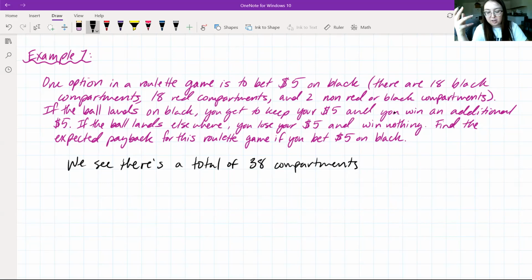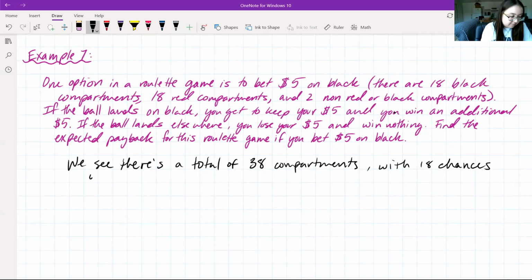So you add those all together, you get 38. So we have 38 total compartments with 18 chances to land in a black compartment.